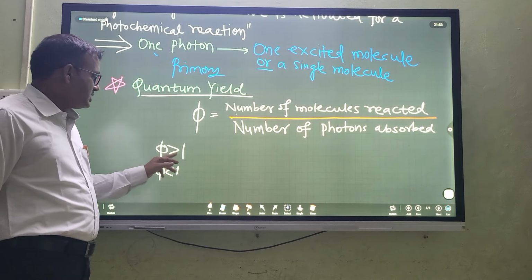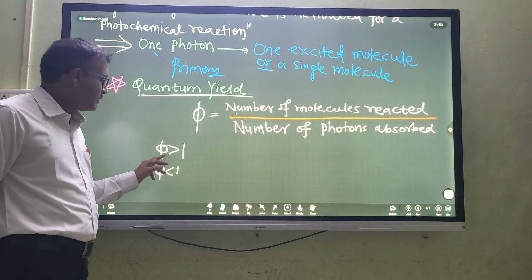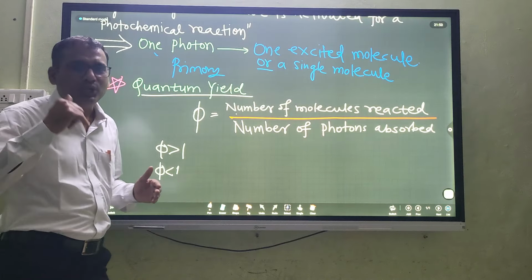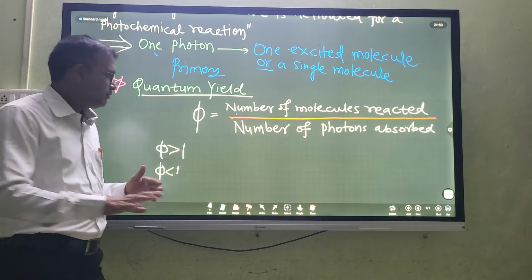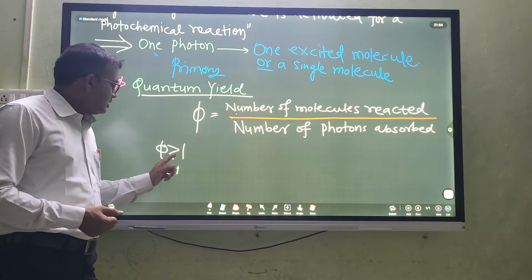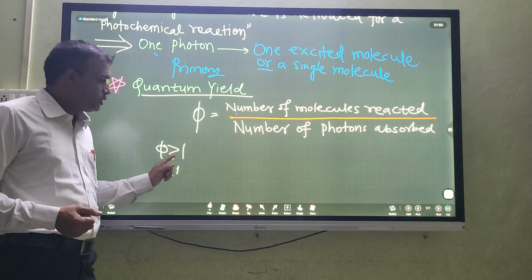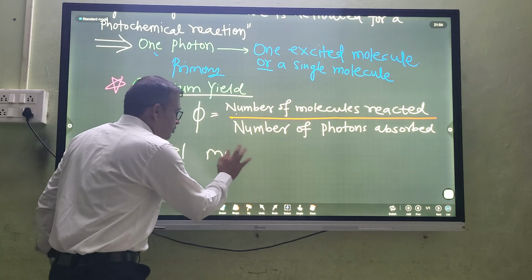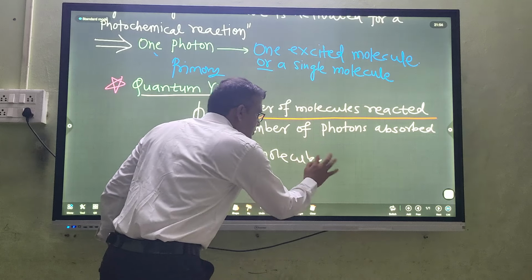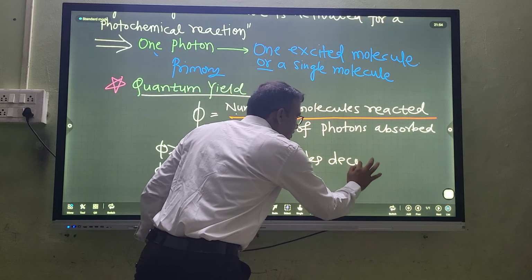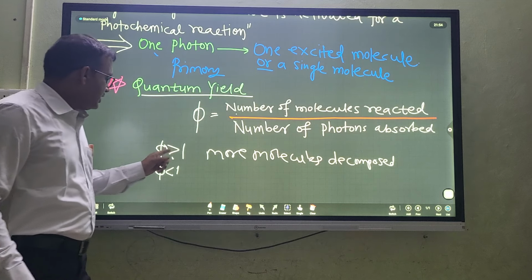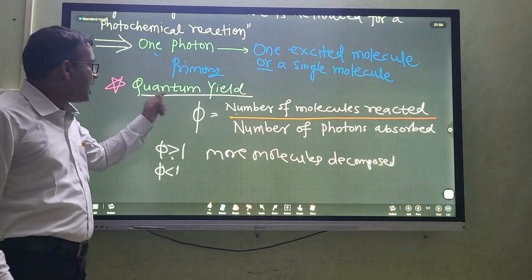Now this ratio phi, if this value is greater than 1, at that time we can say that the photons decompose more molecules than the number of photons. More molecules decompose in this ratio. That means in this case the quantum yield is high.